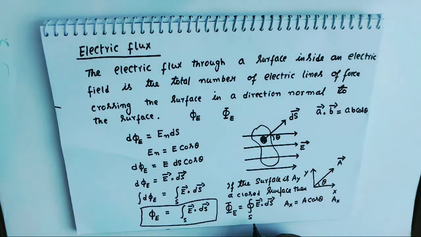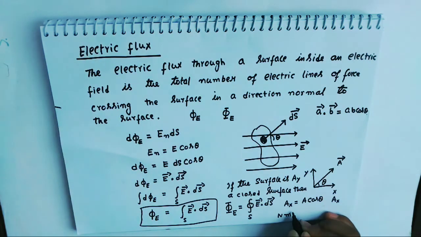The SI unit of electric flux is Newton meter square per coulomb. So this is the SI unit.